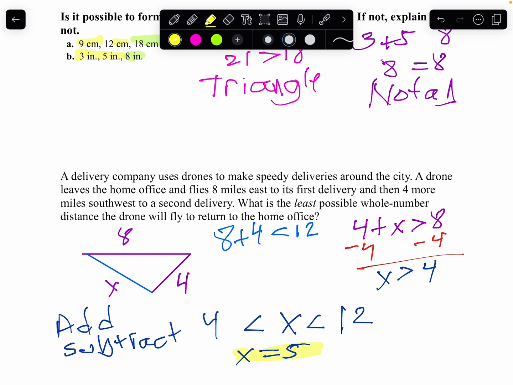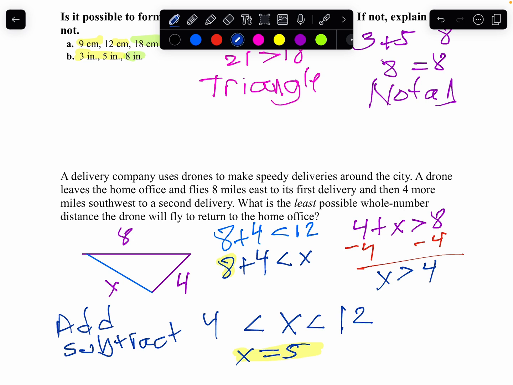Maybe I should have said 8 plus 4 has to be less than the third side. And there, that's how we get our 12. So it's in between 4 and 12. Any number bigger than 4 and less than 12, notice there's no line under it, so it doesn't include it, will make a triangle. And then our smallest whole number that would work is 5.